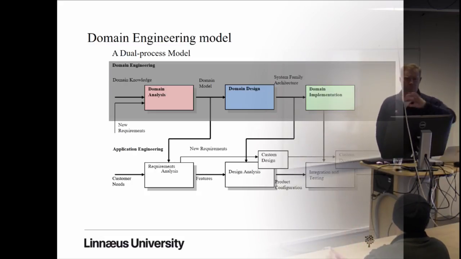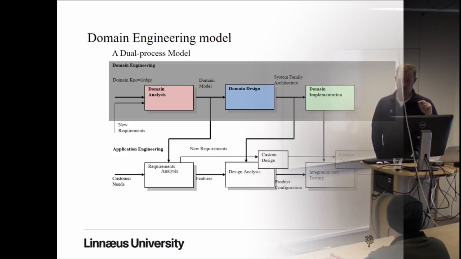But then we have all these products, and products are unique. One product is always different from another, otherwise it's the same product. So this little unique element are the customer-specific needs. The ones you find here.